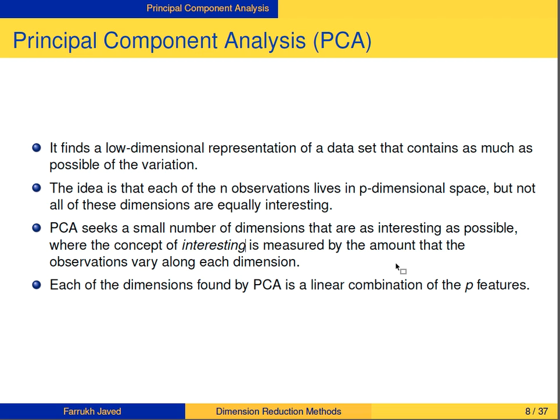It's a mathematical way of describing things, but the idea is that since not all of them are equally interesting, some more and some less, why not use a linear combination of all the variables and find a way with fewer dimensions?